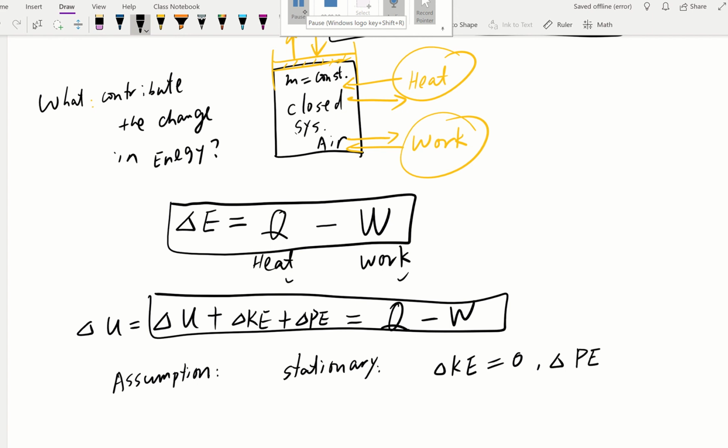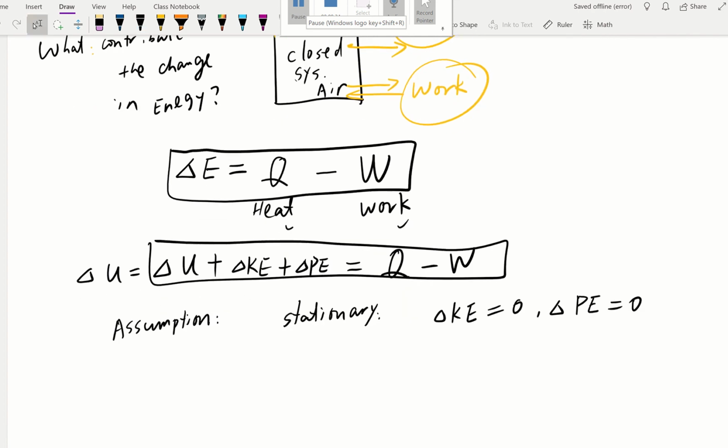So mgh, the change in potential energy, will be 0. Once we make this assumption, we can simplify this. So this will become 0. Then the new equation will be delta U, the internal energy change, is contributed by the heat transfer and work. That's our internal energy change.